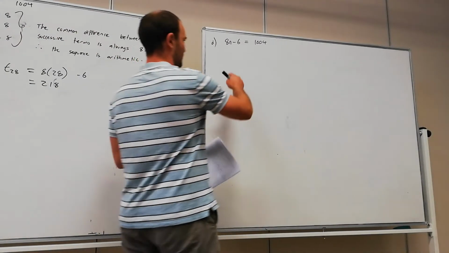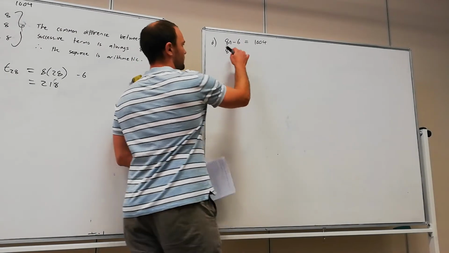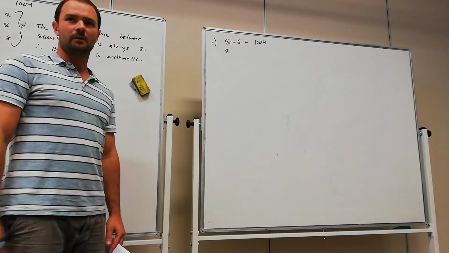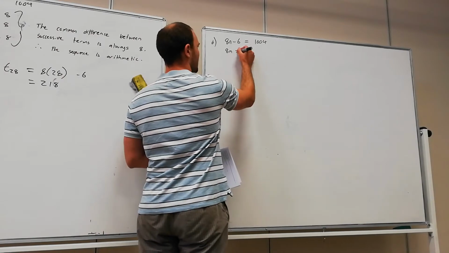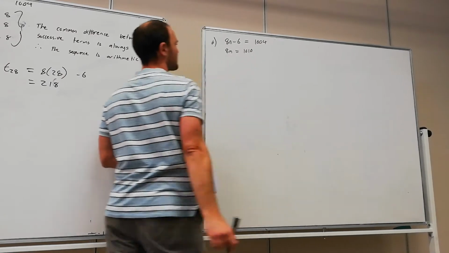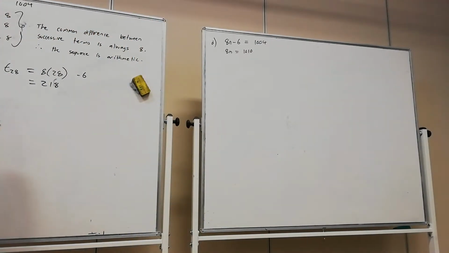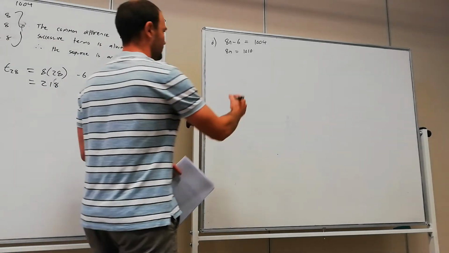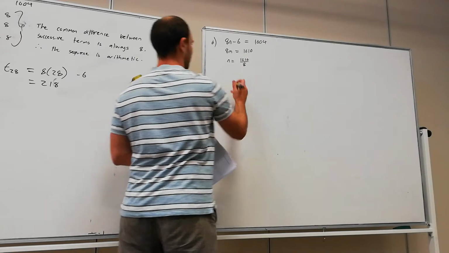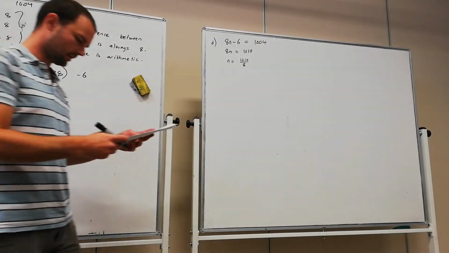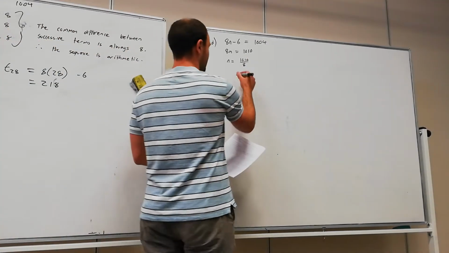I'll unpack that. To solve this equation, we're going to first get rid of that minus 6. We add 6 to both sides. So we're going to have 8n is 1010. And then divide both sides by 8 to get n by itself. Now put that in my calculator. I got 126.25.